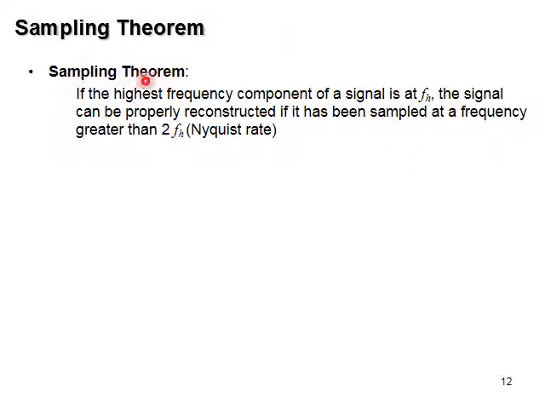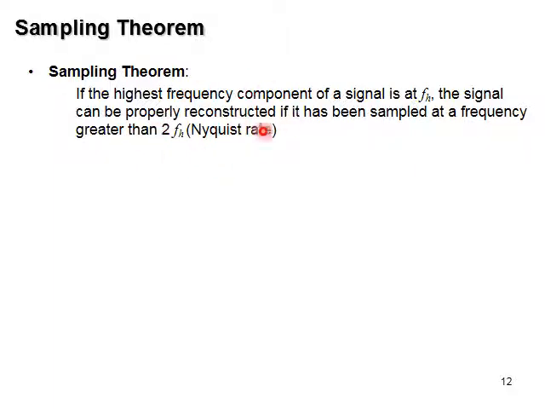So the sampling theorem states that if the highest frequency component of a signal is at fH, the signal can be properly reconstructed if it has been sampled at a frequency greater than twice fH. And this is sometimes called the Nyquist threshold, after the person called Nyquist, who actually proposed this theory.